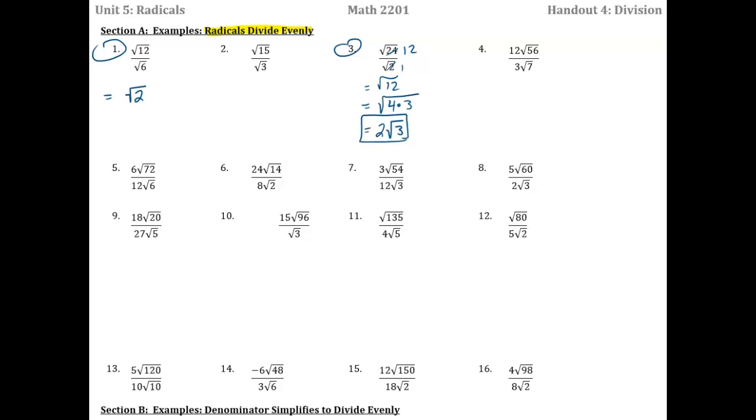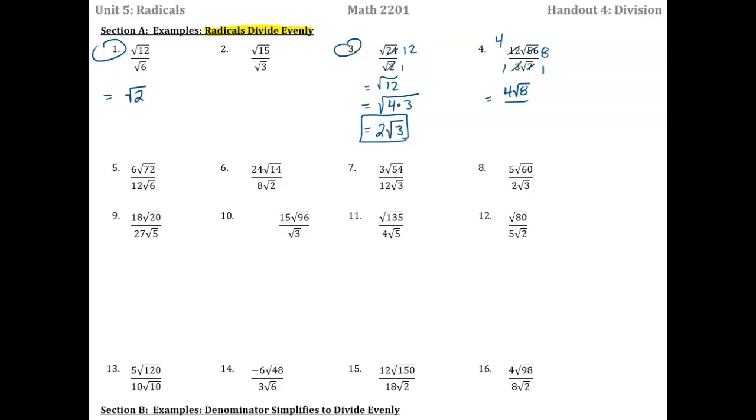And some of these you're going to have coefficients. So 3 divided into 12. 3 divides itself once. It divides into 12 4 times. 7 goes into itself once. And into 56 8 times. So in the numerator, you have 4 root 8.